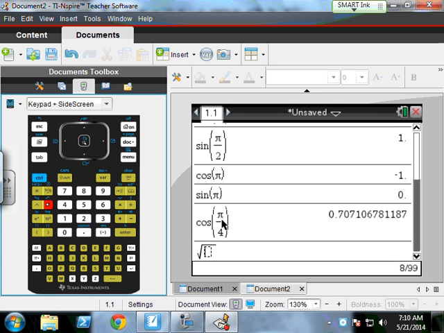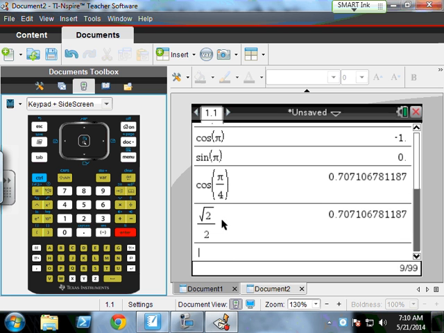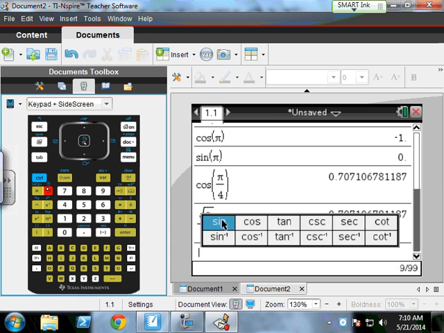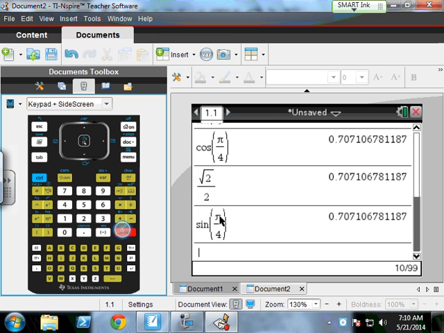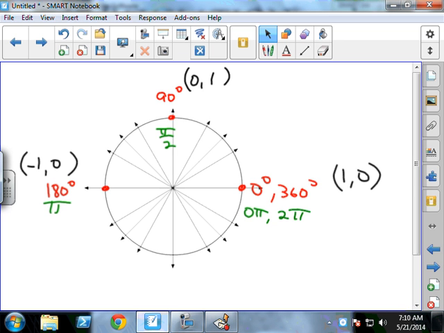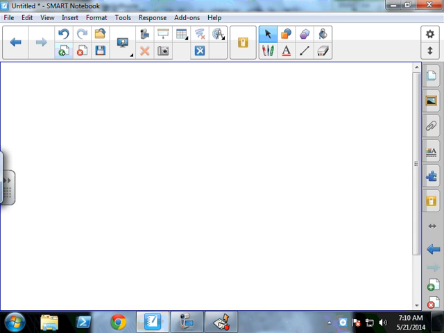If we take the decimal equivalent of radical 2 over 2, it is 0.707, okay? So then if we look at the sine of pi over 4, that should be that 0.707 again, and it is, okay? So, you mean we could do this the rest of the way? Absolutely we could.